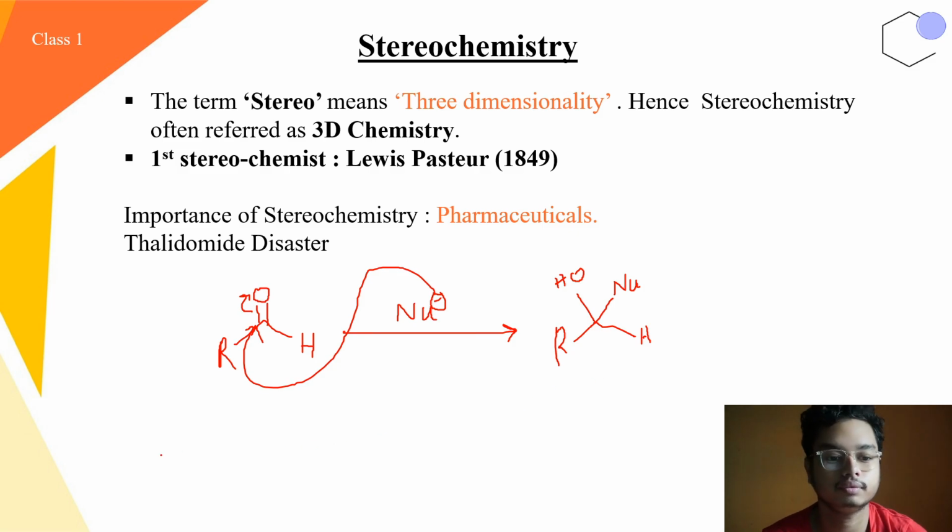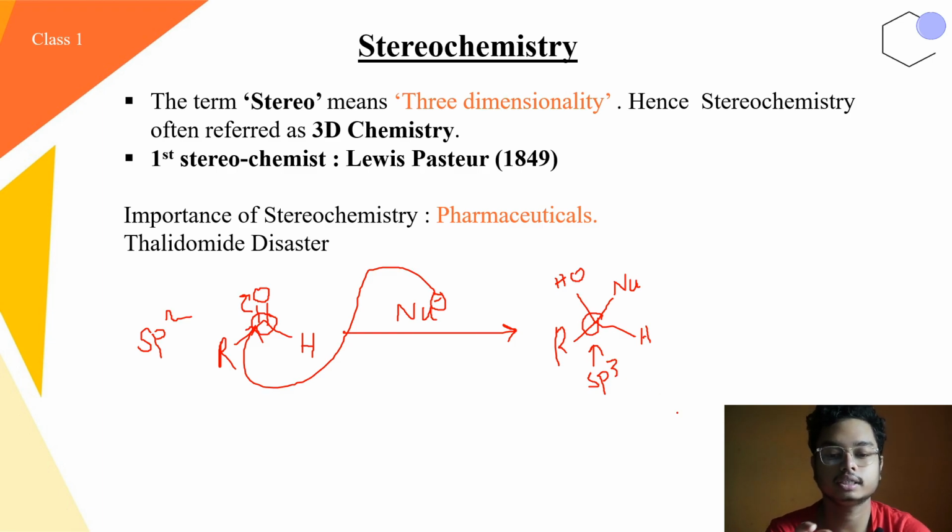Now if you see carefully, this particular center was earlier an sp2 center. An sp2 center suggests that the compound is present in a plane, but after addition of an external nucleophile, this center is no longer sp2, it is an sp3 center.